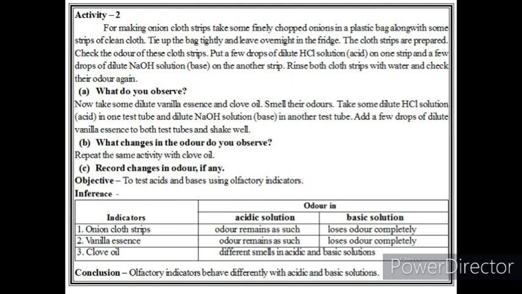In acidic solution, the onion cloth strip odor or smell remains as such, whereas in basic solution, the smell of onion is lost completely. In vanilla essence, the odor remains as such in acidic solution, and in basic solution they lose their odor completely. And clove oil smells differently in acidic or basic solutions.